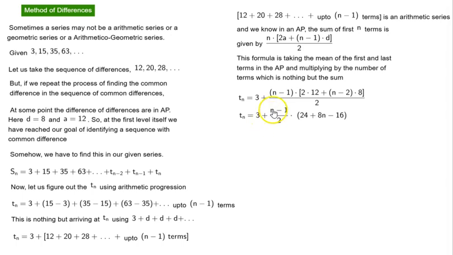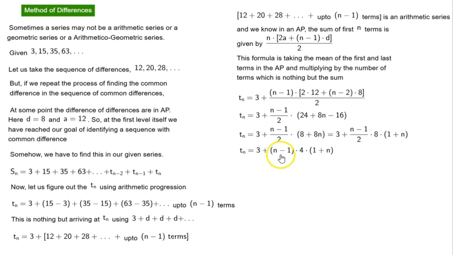Simplifying that, we get 3 plus n minus 1 by 2 times 24 plus 8n minus 16. Now simplifying this, we get 8 plus 8n, since 24 minus 16 is 8. 8 is common to both of them, so 8 times 1 plus n. 2 and 8 cancel, leaving 4.